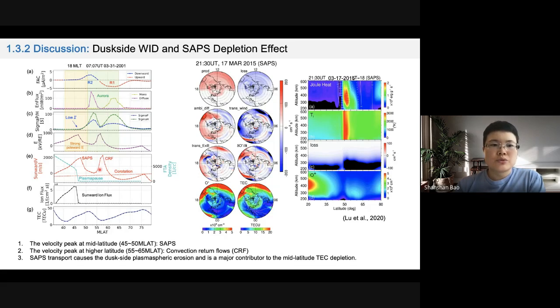This will lead to what we call the convection return flow. So this is how this double-peak velocity profile is generated. Here we also give a reference of the corotation velocity. We also plotted the plasmapause location. We can see the SAPS velocity peak overlaps a part of the plasmapause.